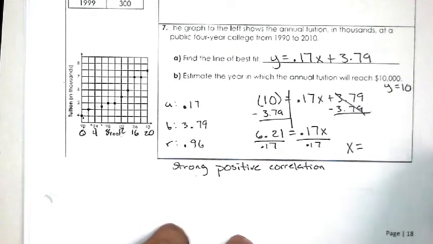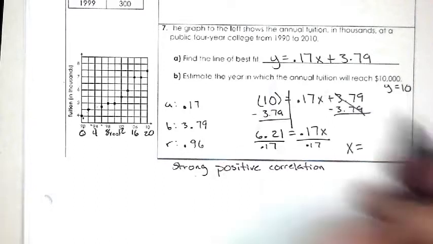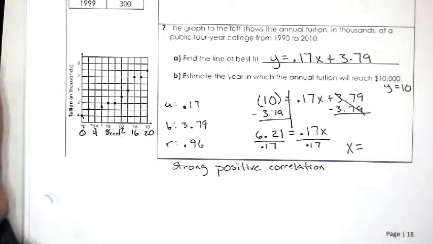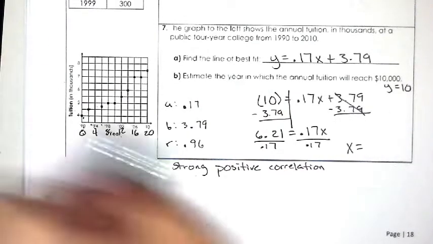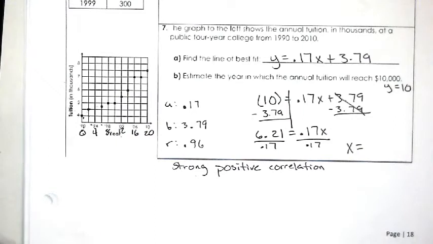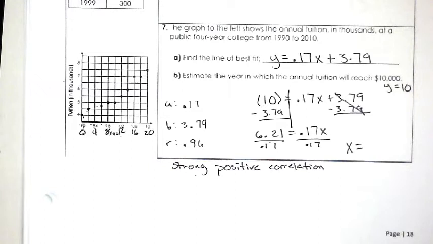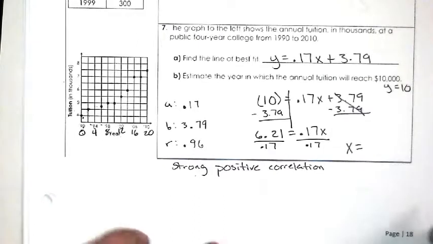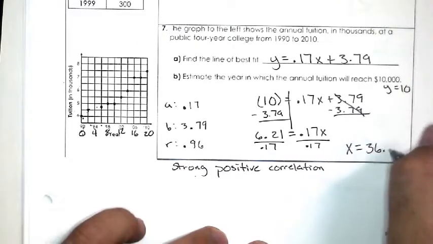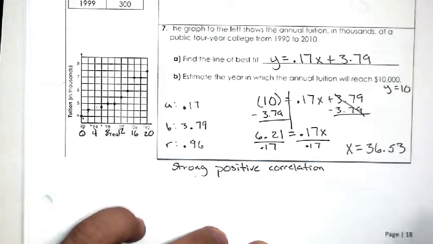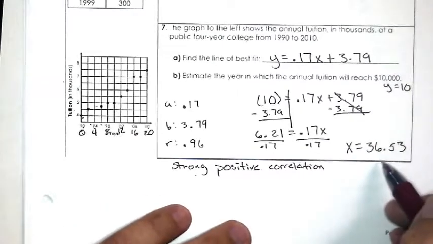Anybody? 36.53. Okay, however, we're talking about the year. Can I have the year 2026.53? No. What do I need to do? Round it to 37 years.